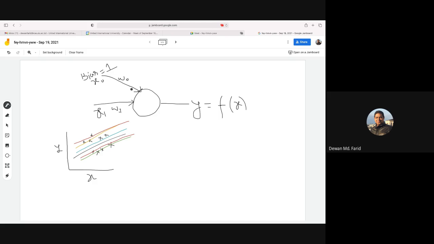When we have multiple layers, we can consider this as k or j, whatever. So we can say wk0 and wk1. Is it clear? Yes, sir. k basically tells us the number of layers. That's it.